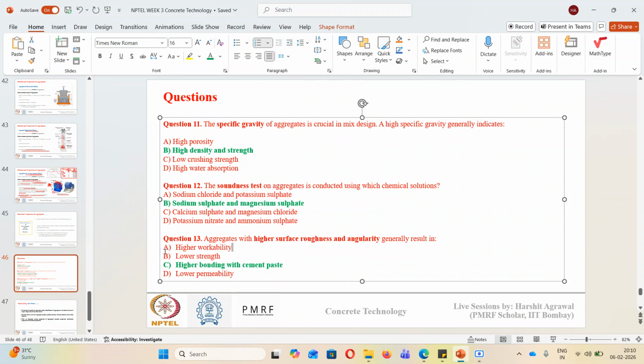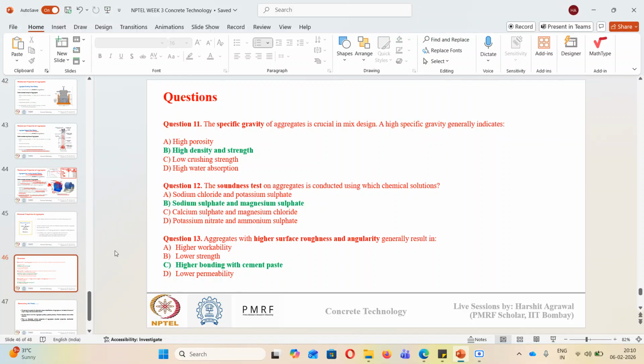For high workability, we need circular aggregates. For lower strength, we need porous aggregate. For lower permeability, again this angularity can work. It will also result in low permeability, because there is proper packing in concrete.